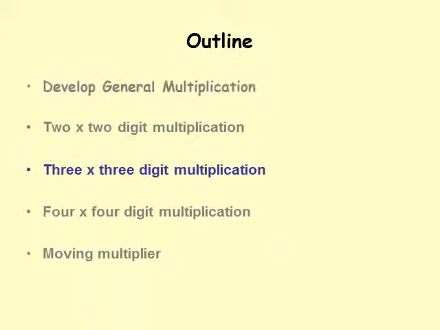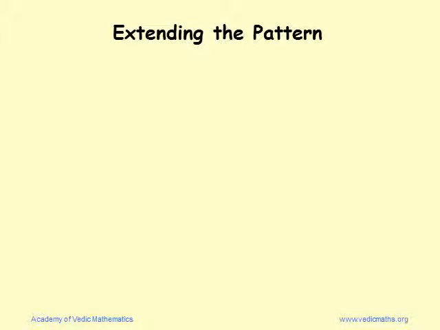We are now ready to tackle the next section. It's 3-digit by 3-digit multiplication using the sutras. Let me discuss the patterns here. For 3 figures, at the rightmost we have vertically, so we only have one column to worry about.